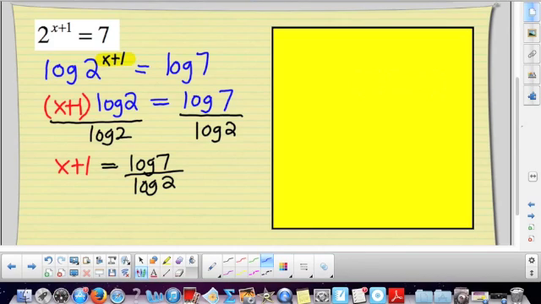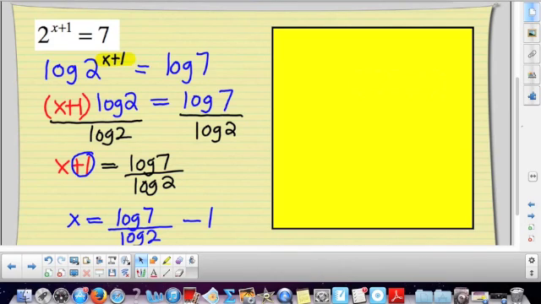Well, first we want to isolate the x, right? So I have to move this positive 1 over to the other side. So x becomes equal to log 7 over log 2 minus 1. That's actually something we could punch straight away in the calculator. We don't have to move back to the subtraction rule. Just subtract 1 from your answer, which will give you the final answer.